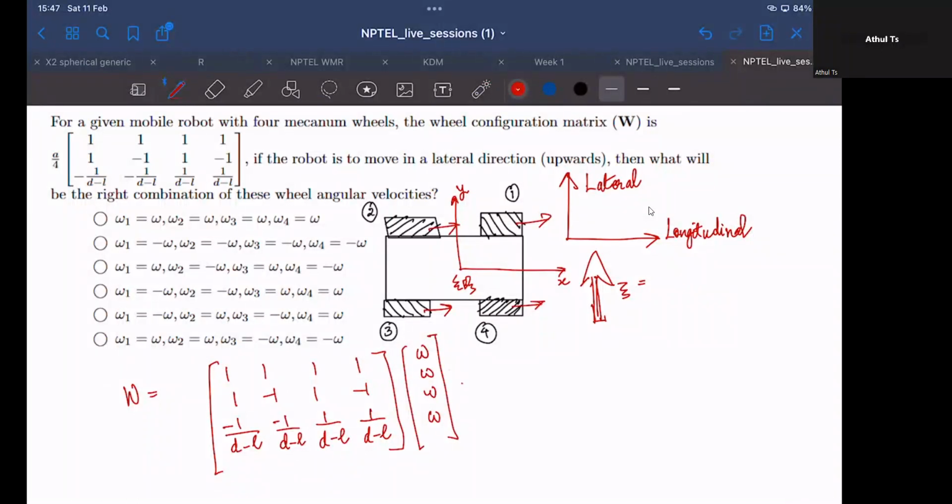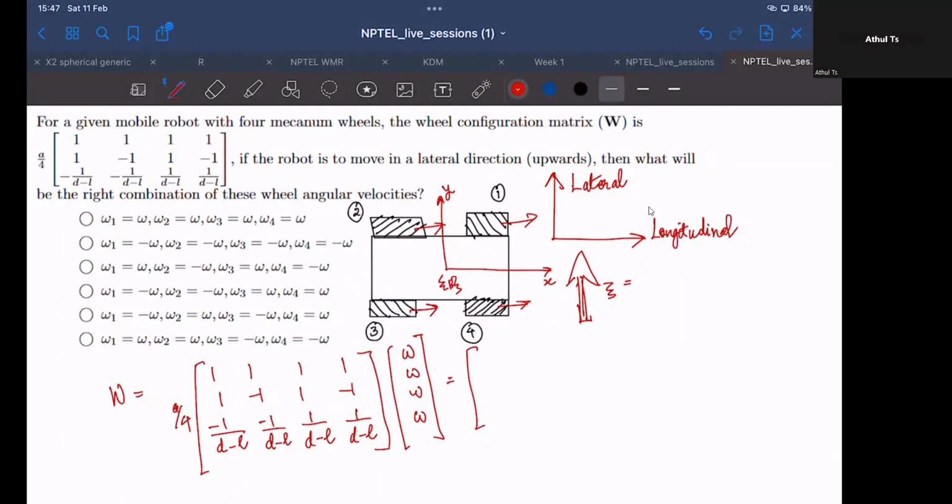If you multiply this out, the first row would be some constant a by 4 times 4 omega. So the first component itself is giving some velocity along the longitudinal direction. We can straight away rule out that example. We don't even have to expand the matrix multiplication any further.